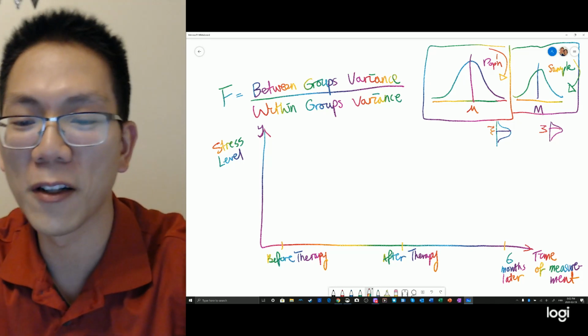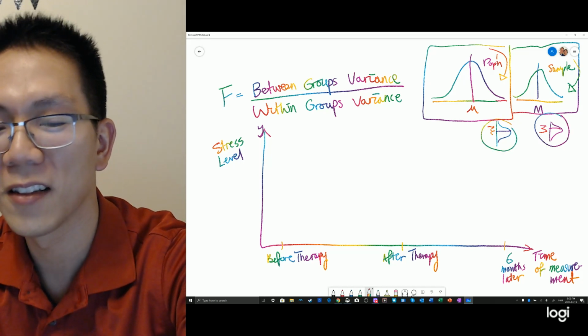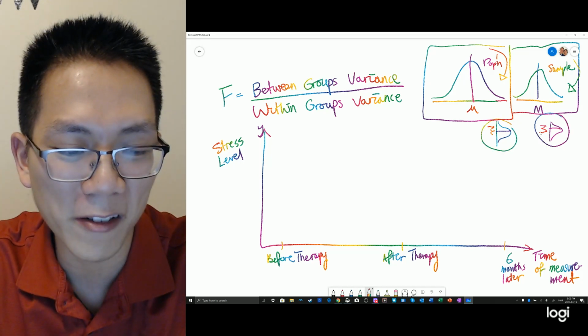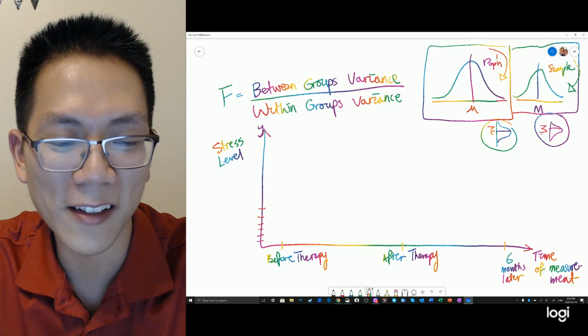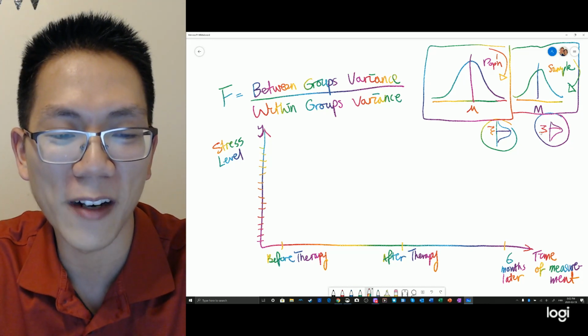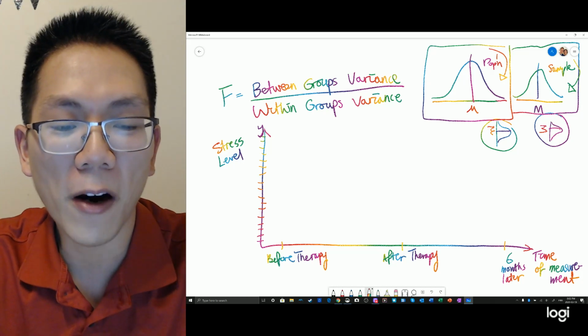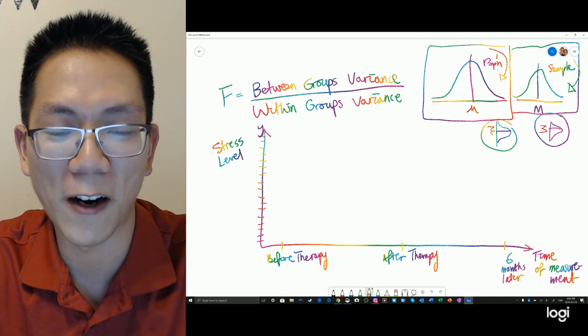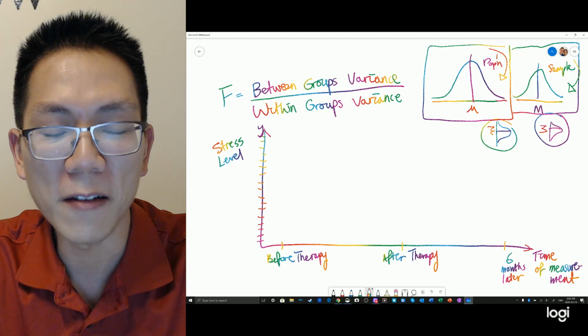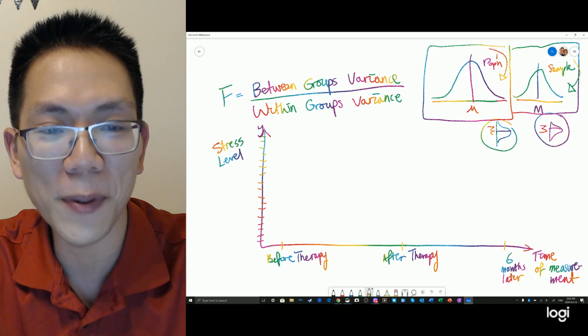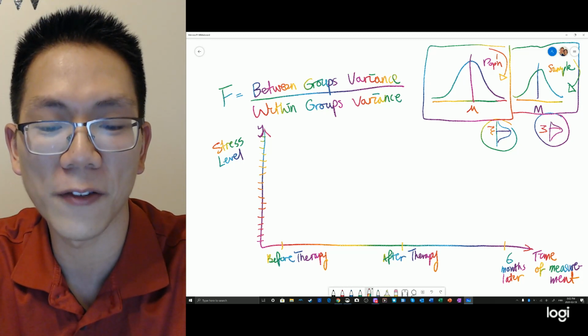Here's what they would look like, and I'm going to use these to show you. Again, we're measuring stress levels, and imagine there are different types and different levels of stress. So there are two groups for before therapy, right? Maybe therapy 1, and I think I need to use a different color here.